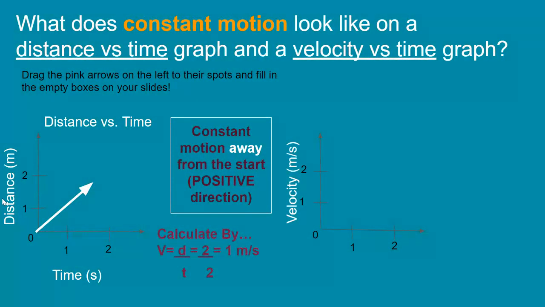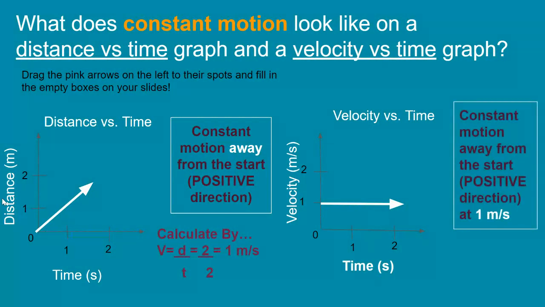How is this going to look on a velocity versus time graph? If we put a velocity versus time graph over here on the right, now we have to think about the fact that we are moving at a constant velocity, and we want to measure that velocity over time. So this would actually just be a horizontal line where we would have that constant velocity going over time.